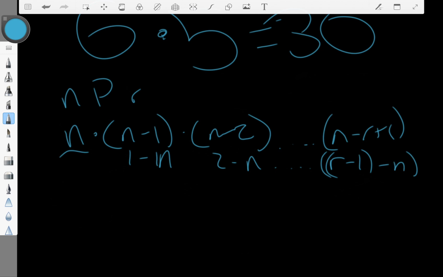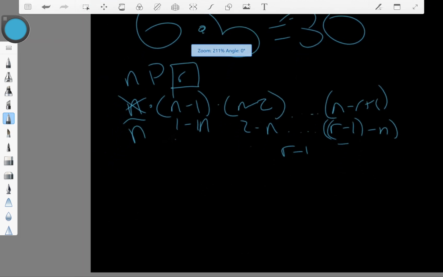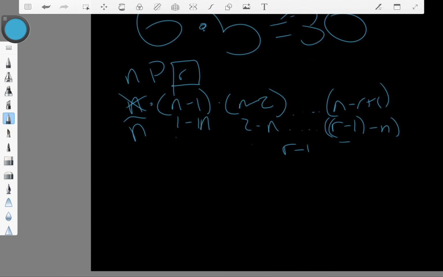If we ignore the n, take out the n, 1, 2, up to r minus 1, right? So obviously there's going to be r minus 1 terms in that. However, we want r terms, right? But then we also have the n. So that's why n minus r plus 1 will work and not n minus r. So we go to n minus r plus 1.